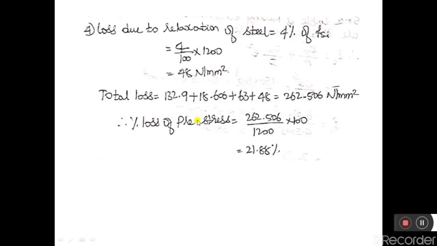Therefore the percentage loss of pre-stress is equal to total loss by initial pre-stress into 100. Total loss is 262.506, and the initial pre-stress applied to the cable is 1200, into 100, that is equal to 21.88%. So the percentage loss of pre-stress is more than 20%.